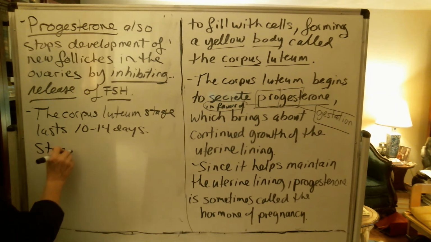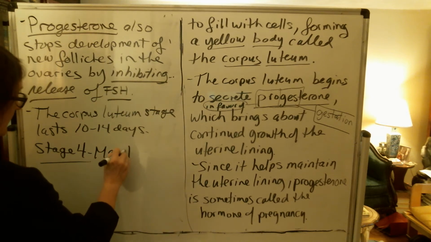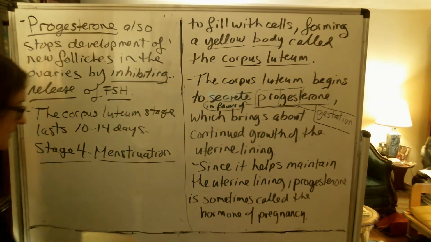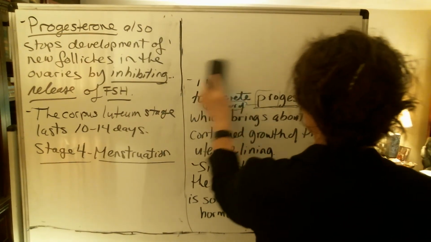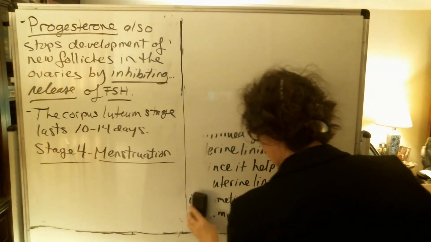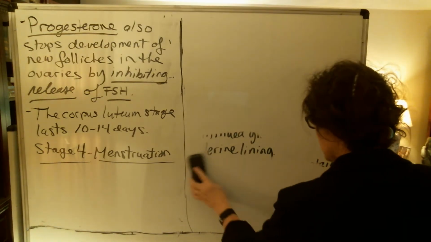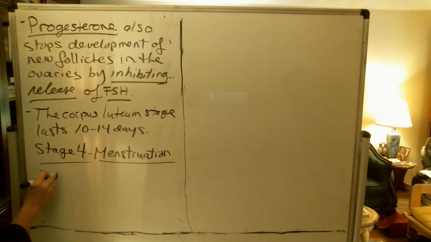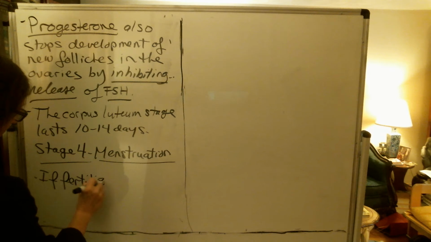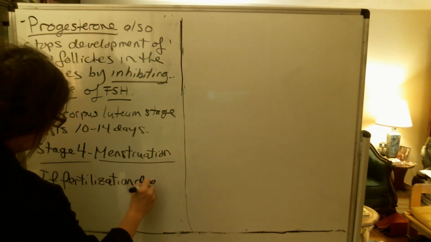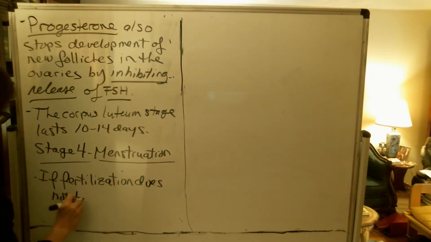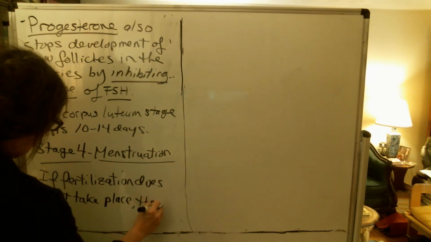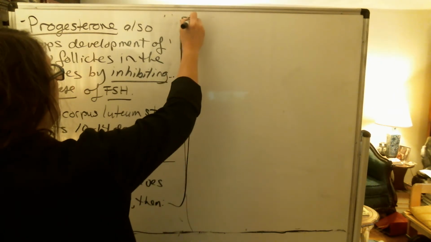So then we have stage 4, which is menstruation. So let's just go over here and make a list. If fertilization does not take place, then a whole bunch of other things happen.